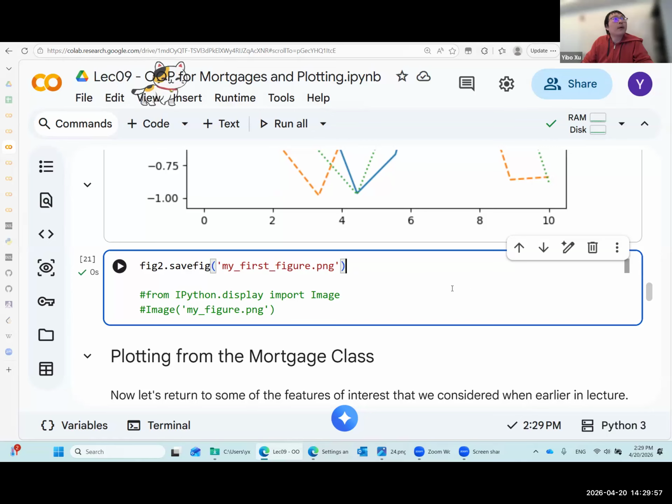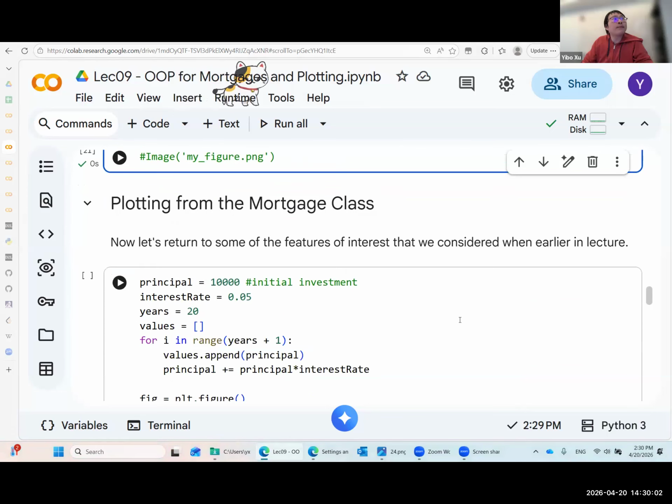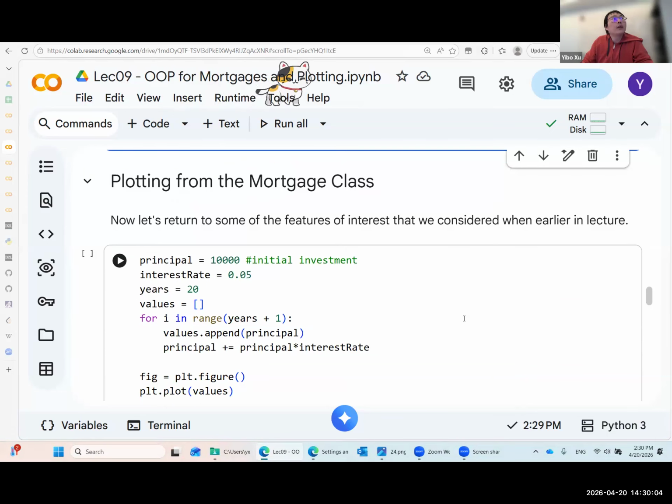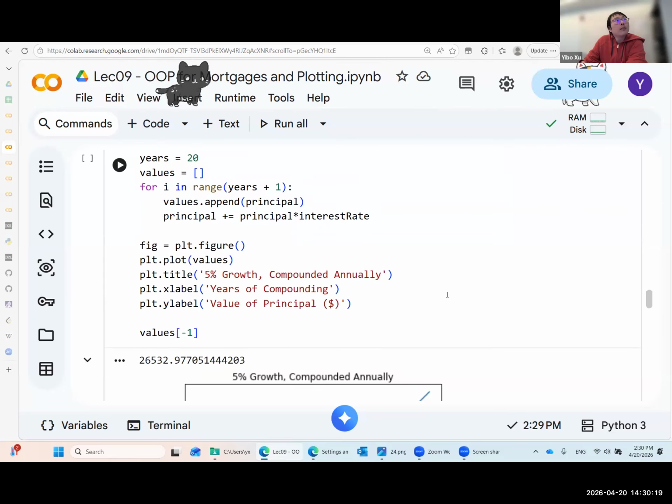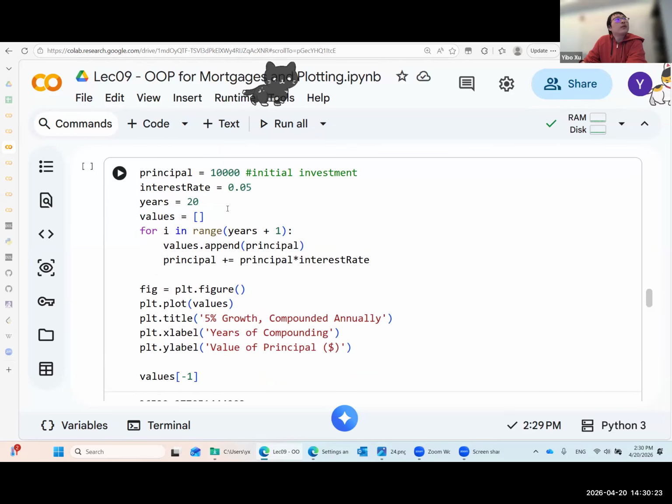All right. So plotting the mortgage class. Yeah, we have the 3 mortgages. Later we need to modify the classes a little bit to plot the curves. So what are the curves that are plotted? This part is really straightforward.